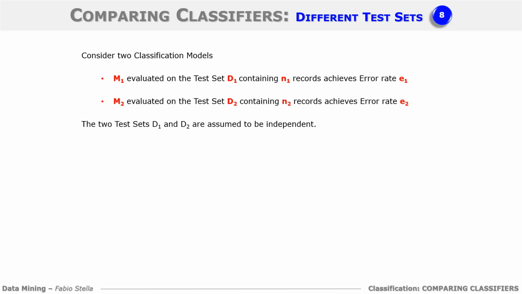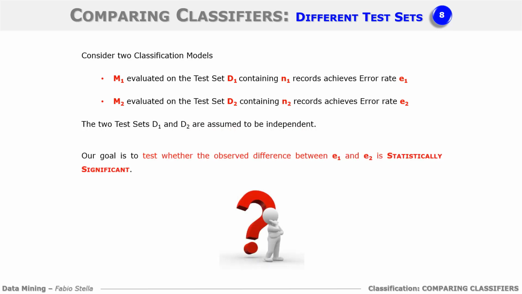The two test sets D1 and D2 are assumed to be independent. Our goal is then to test whether the observed difference between the error rate of the first classification model and the error rate of the second classification model is statistically significant or not.